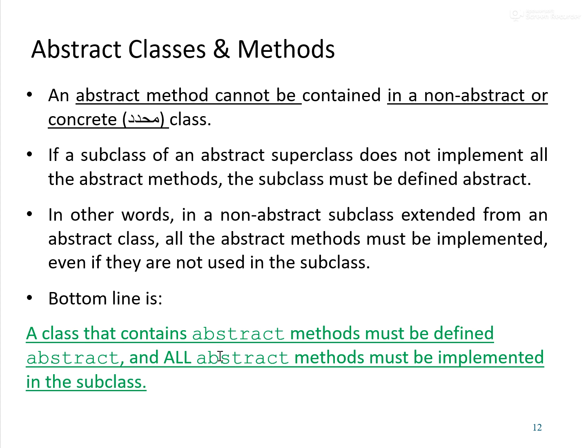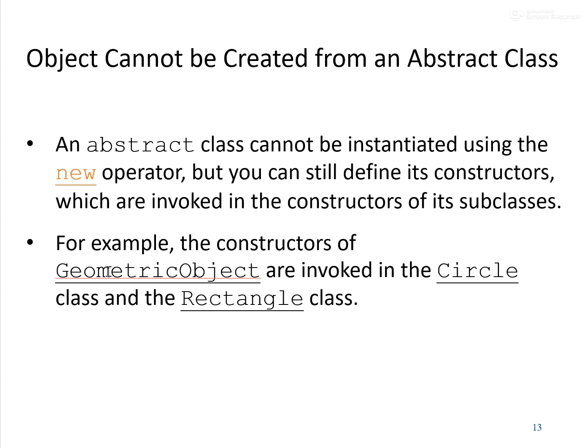And in a concrete subclass, all abstract methods of the superclass must be implemented. We've tried this out practically. We cannot create an object of an abstract class. We tried that with the geometric object class. We could not create objects of geometric object, but we were able to create objects of circle and rectangle.